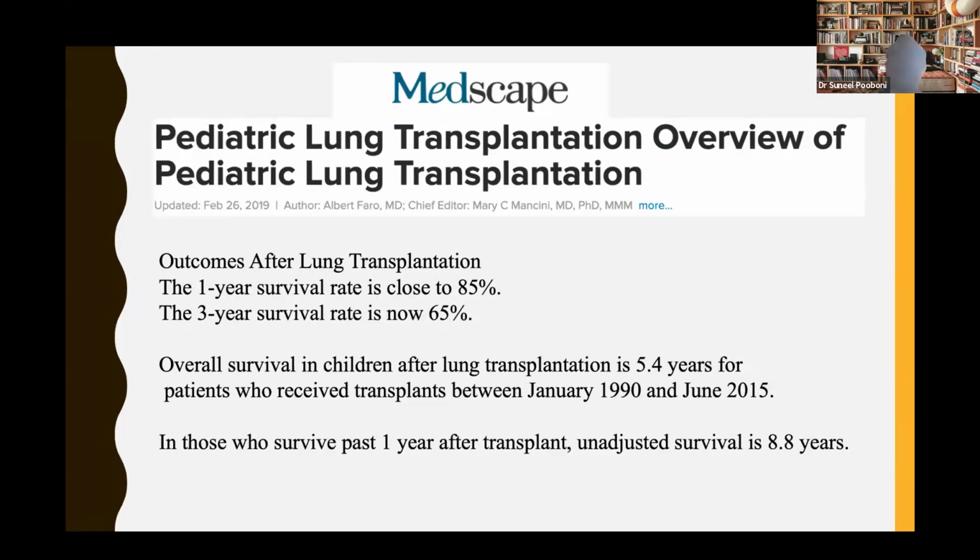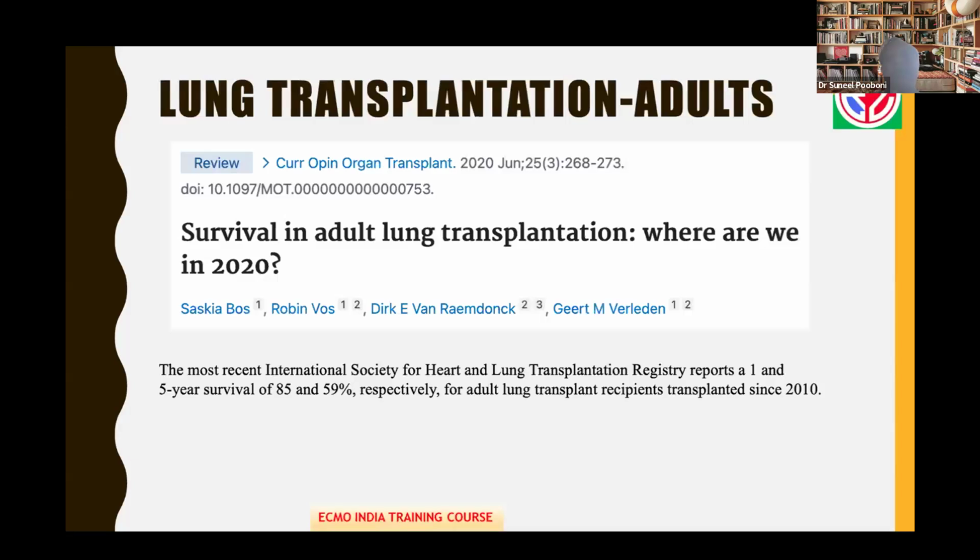Pediatric lung transplantation, an overview of pediatric lung transplantation. In this article, the authors have mentioned 1 year survival rates close to 85% and 3 year survival rates moving to 65%. The problem here could be maintenance of the immune response and the immunosuppression that will be needed post the transplantation period.